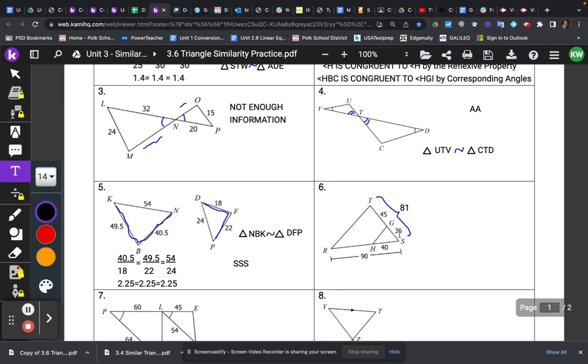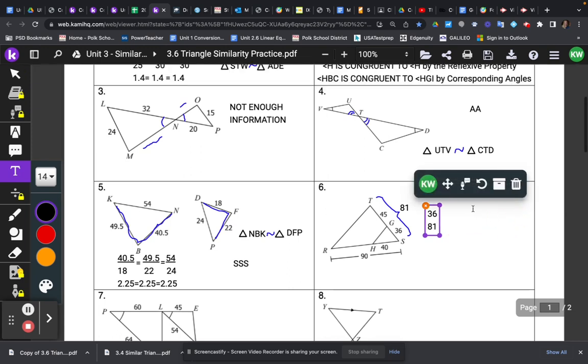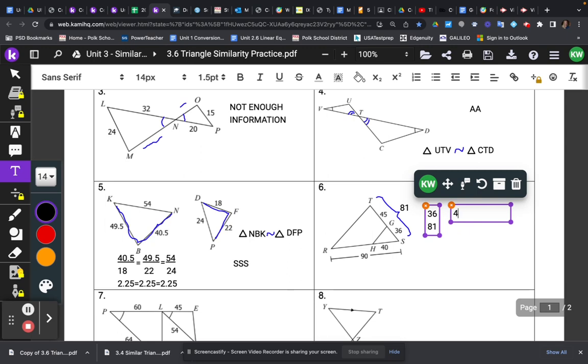I'm going to take 36 from this side and put that over 81. Then I'm going to set that equal to 40 over 90.